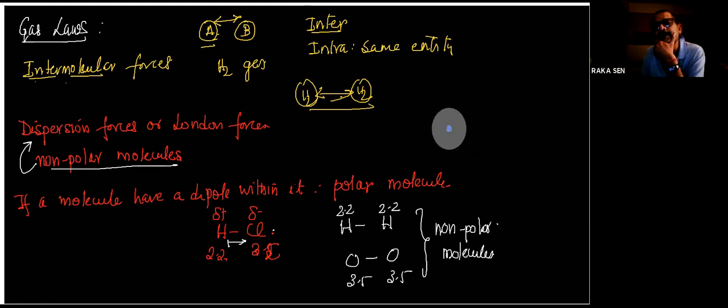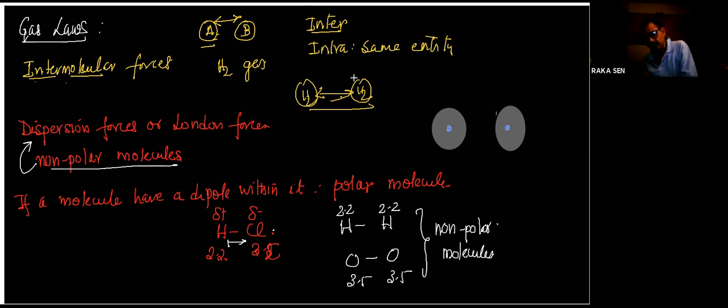Suppose I have got this particular molecule, and once again another molecule out here, with its own electron cloud.